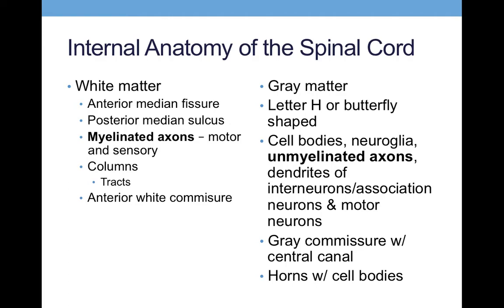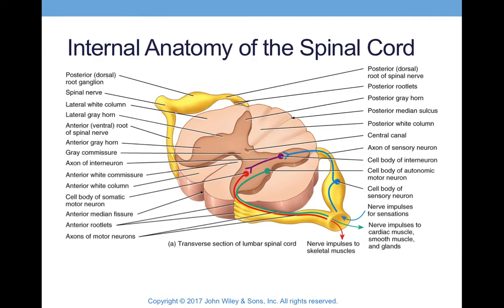The internal anatomy of the spinal cord is divided into the white matter and the gray matter. The anterior median fissure and the posterior median sulcus will penetrate the white matter of the spinal cord and divide it into the right and the left side.